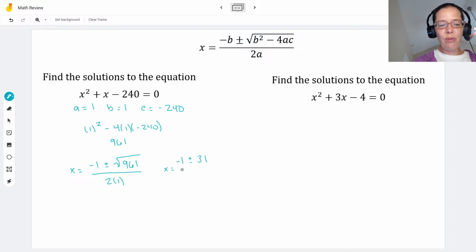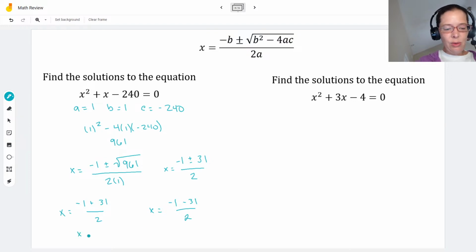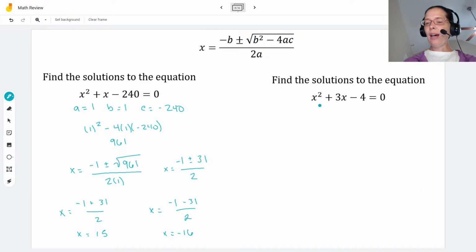It's the perfect square of 31 over 2. So now I can do my 2 roots. So this is going to be -1 plus 31 over 2, and x equals -1 minus 31 over 2. And I get these to resolve to be 15 and -16. All right, let's keep going.